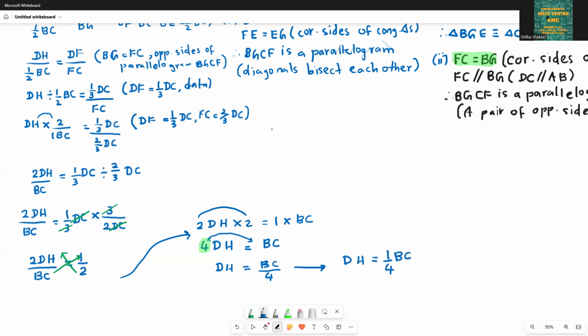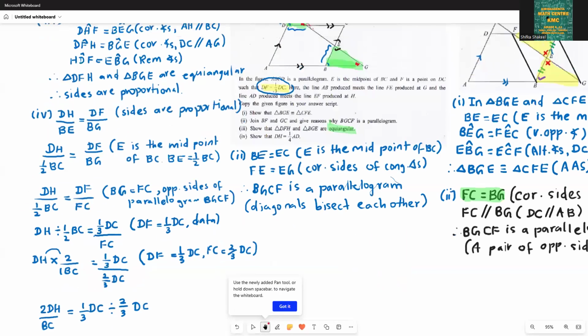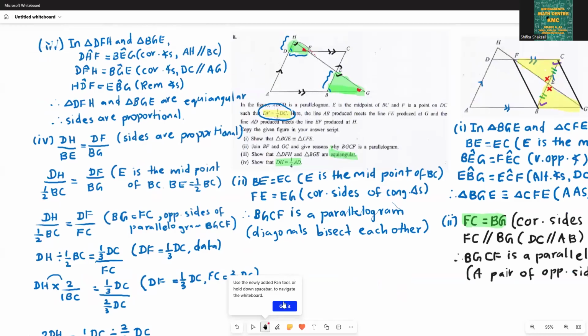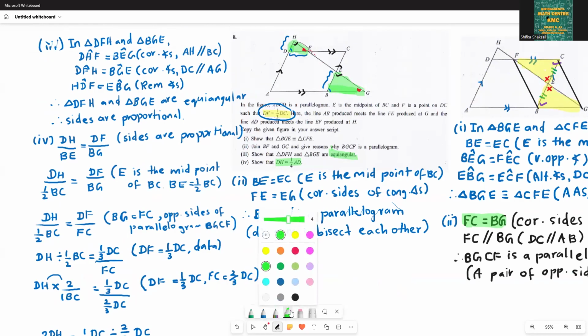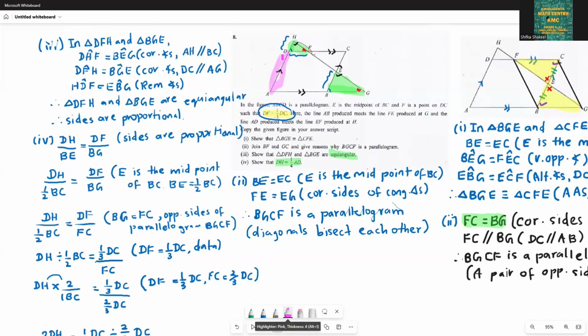But children, here we will move to the question once again. We proved DH is equal to 1 over 4 BC, but the question asks us to show DH is equal to 1 over 4 AD. We got BC. Here BC and AD are equal. Why?